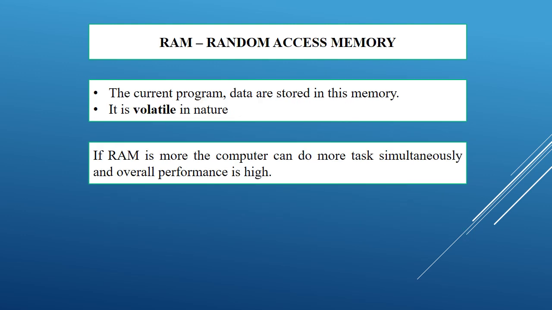Next is random access memory, RAM. It is the main memory. The current program and data are stored in this memory, and it is volatile in nature. Volatile means if you turn off the computer, the data and program in that memory will get lost.